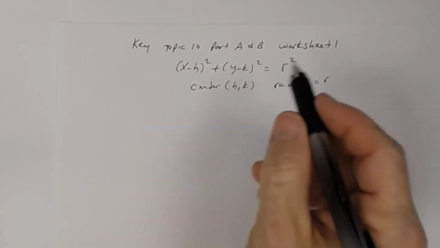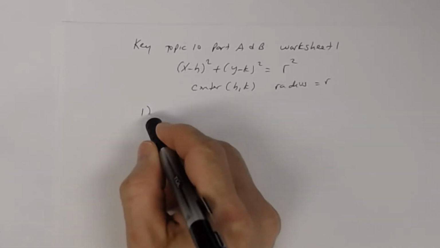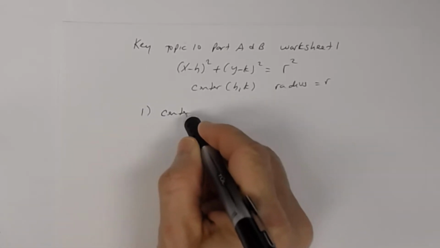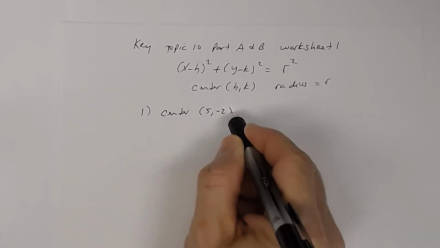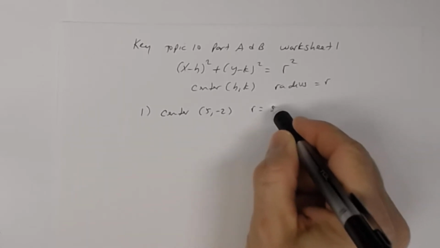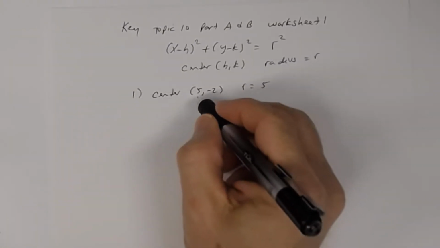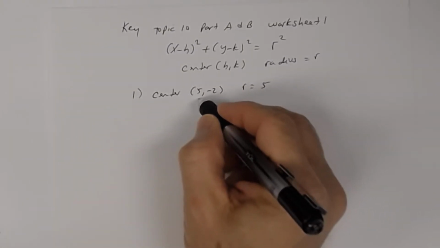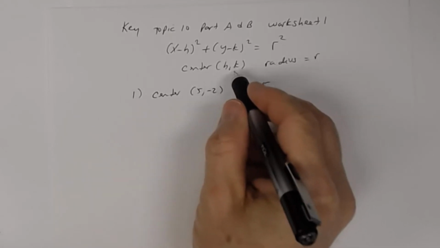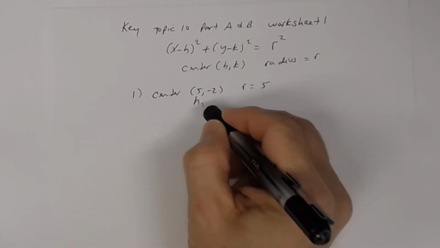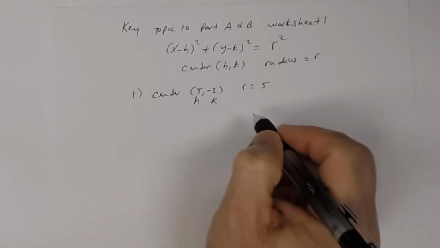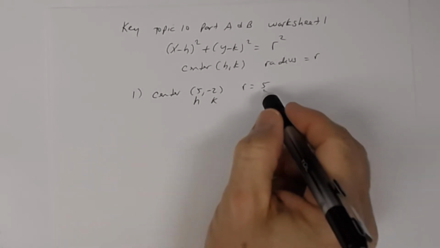All right. So number 1, you're told that the center is (5, negative 2), and you're told that the radius is 5. So what you're going to do, and it does help, is denote the center. So the center, remember, we denote as (h, k). So 5 is h, and k is negative 2, and there's r.